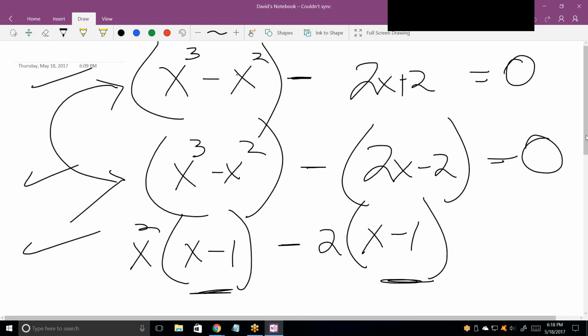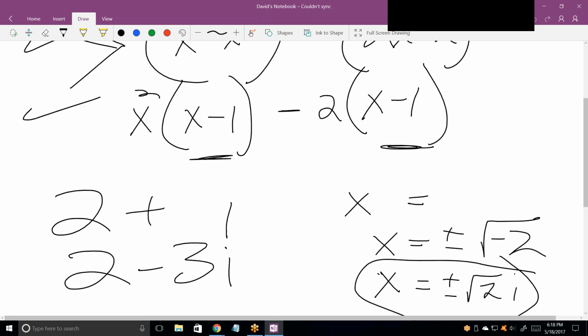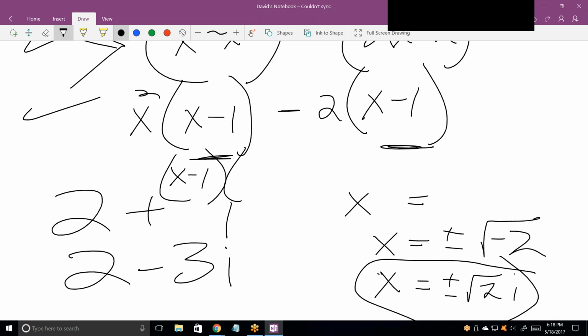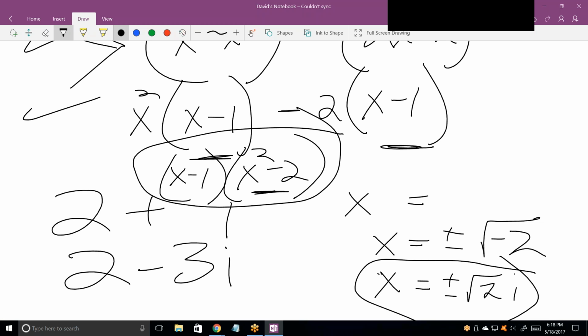Now, when I go to finish this problem, I get x minus 1 times x squared minus 2, and that's not an irreducible factor or quadratic. Right. That goes to x minus 1 times, you know what?